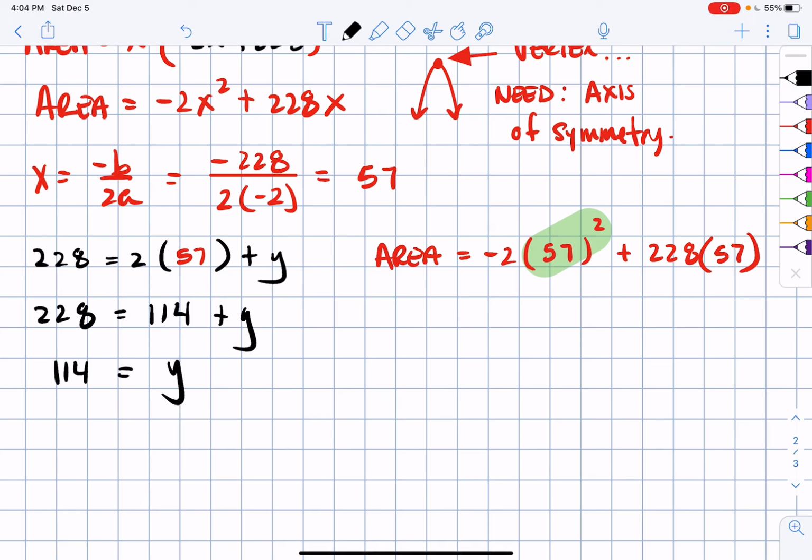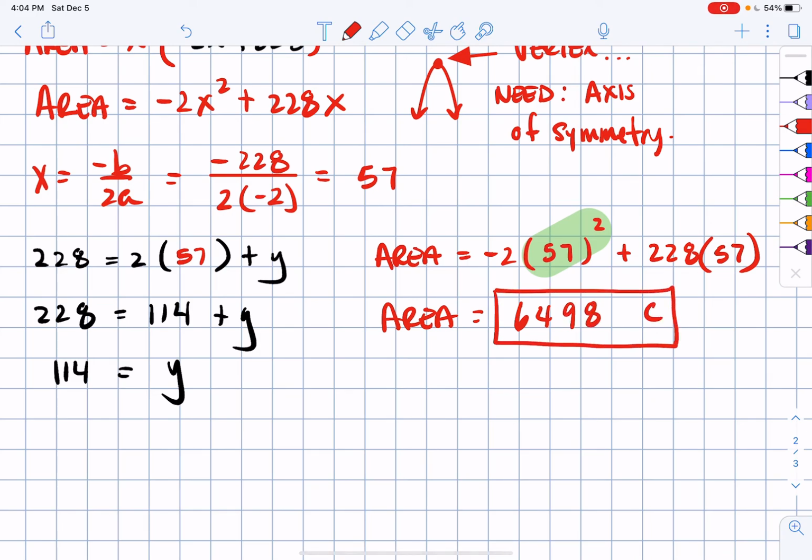If you do the area, you're going to get area equal to 6498, which is choice C. This is if you use the area, but that is only if you're good with the order of operations.